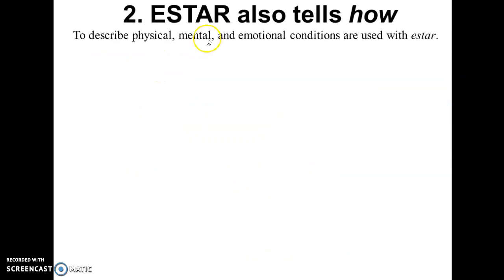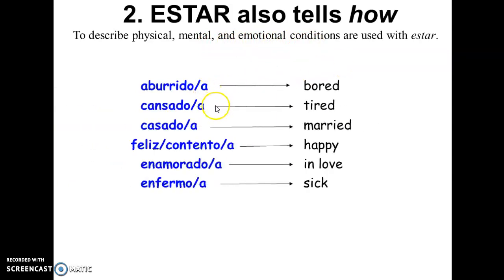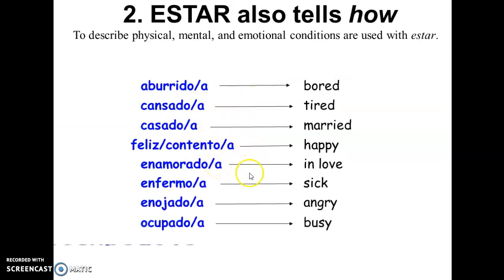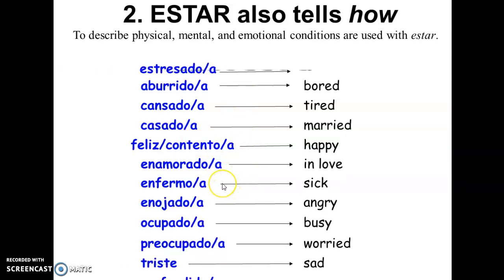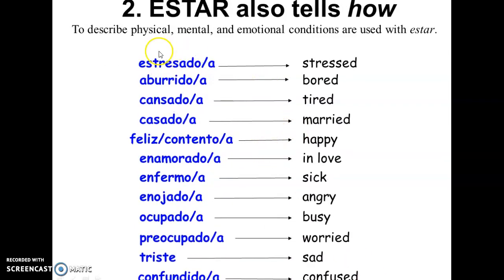Second rule, to tell how, describe basically physical, mental, emotional conditions of people or ourselves. So these are just a few emotions or physical, mental conditions that we may feel at one point. So let's see all of them. Let's move this a little bit this way so we can see all of it.